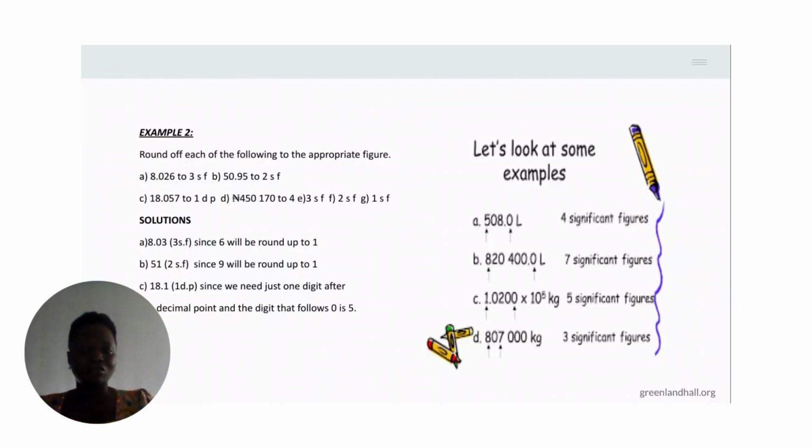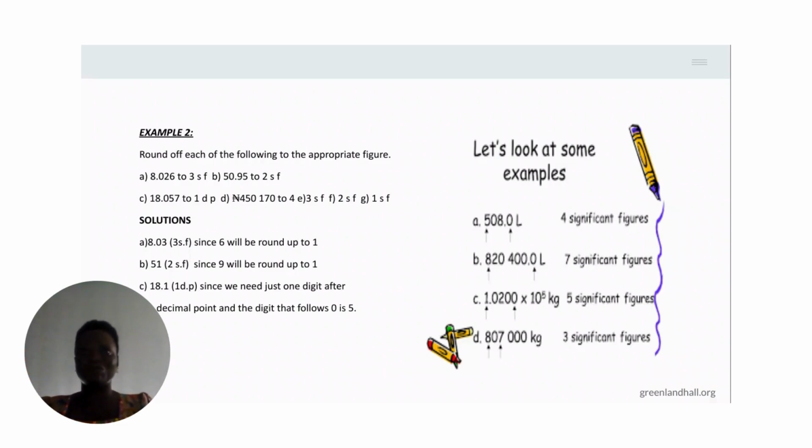Now, let's take a look at more examples. Round off each of the following to the appropriate figure. A, 8.026 to three significant figures, and B, 50.95 to two significant figures. If you look clearly, you will see that in 8.026 we have 0 in between.